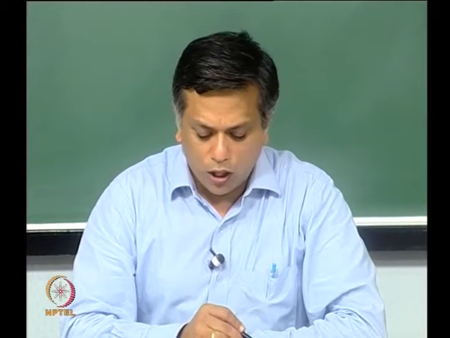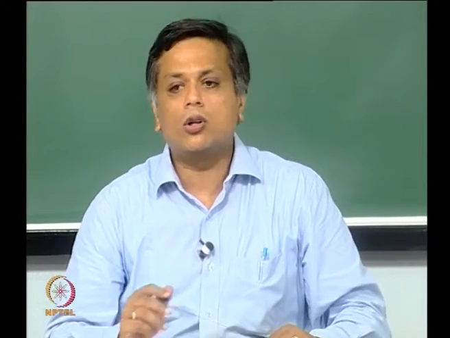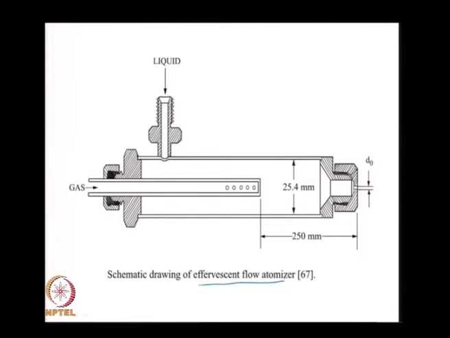Now, there are other ways that we want to look at, some of the newer designs. We will look at one of those newer designs here called the effervescent atomizer. This is in fact a design from my master's work, where we looked at the spray performance of this particular atomizer.